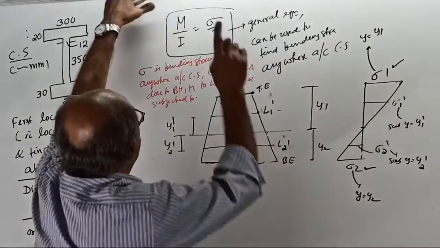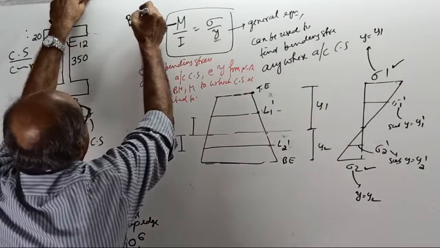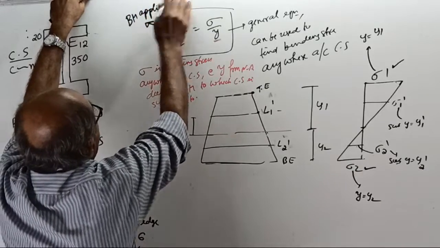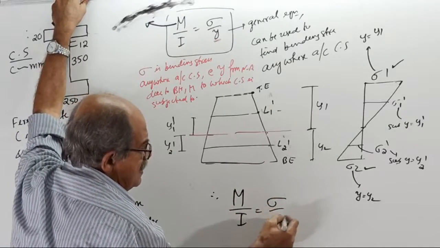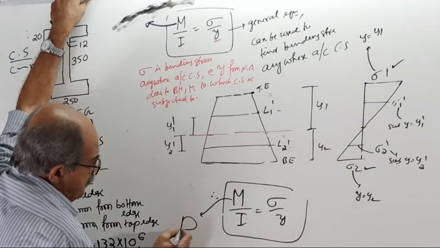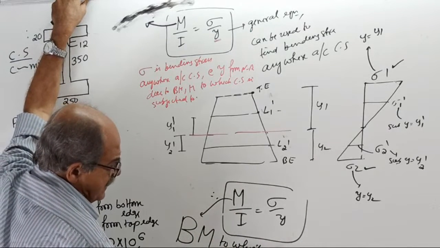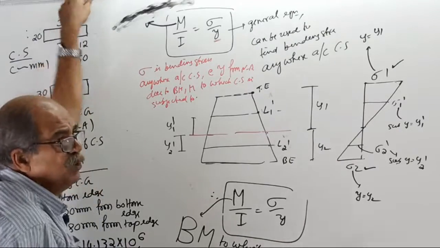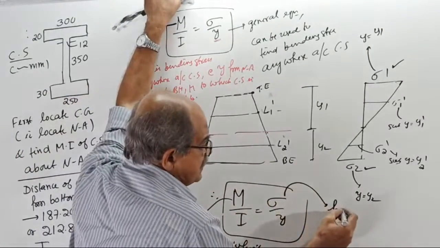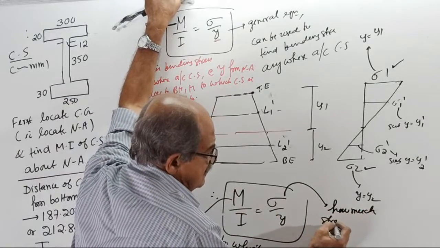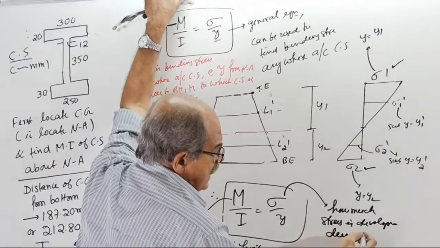Be careful. When you put M as the bending moment applied for the cross section, therefore, the conclusion is, in the equation M by I equal to sigma by Y, if you substitute M as the bending moment to which the cross section is subjected, or how much bending moment is applied, then sigma gives you how much stress is developed anywhere at Y due to that applied BM.